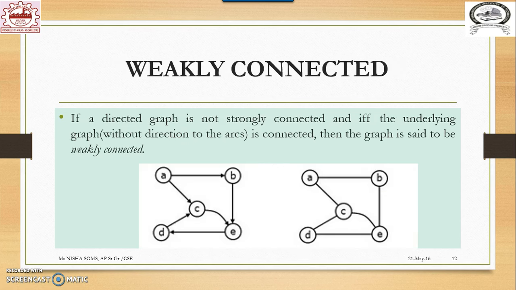If a directed graph is not strongly connected, but the underlying graph is connected, then the graph is said to be weakly connected. The underlying graph here denotes the graph without direction on the arcs. If we look here, there is no edge present between A and D, whereas there is a path that leads to D from A to B, B to E, E to D. But this link is missing.